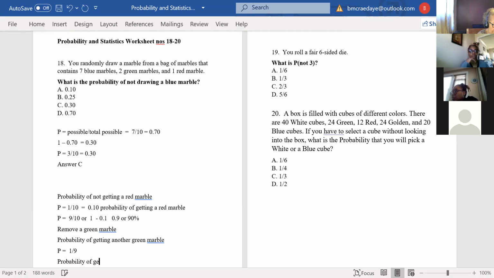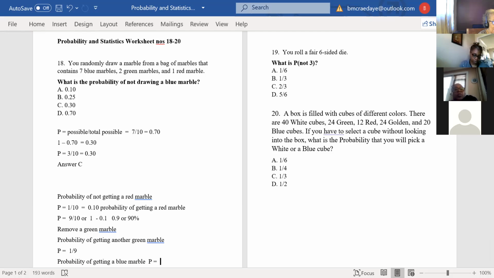Probability of getting a blue marble. Well, that'd be 7 out of 8. No. Remember I said I'm still removing a green. And now I want to know the probability of getting a blue marble after I remove a green. What is it, Vanessa?